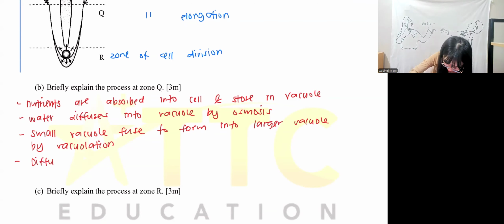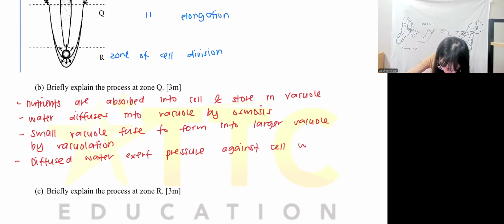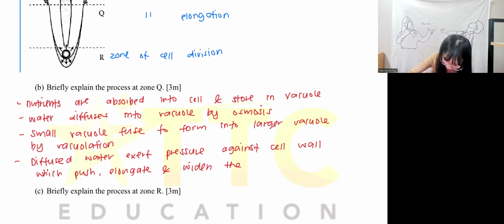Next, the last one, diffused water exert pressure against cell wall which pushes, elongates, and widens the cell. So 4 keywords: nutrients, osmosis, vacuolation, pressure.